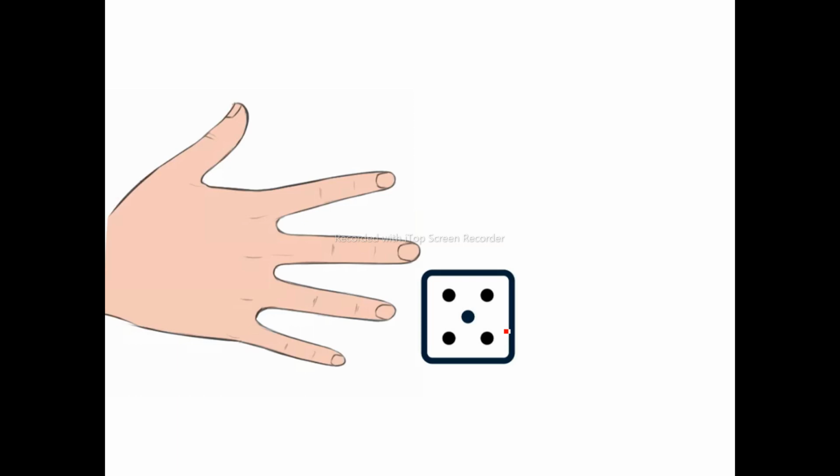How many times have you performed this experiment? 2 times, so you can say 2 trials. And what is the outcome of the experiment? First time we got 2 and another time we got 5. These are known as events. So this is trial and event.